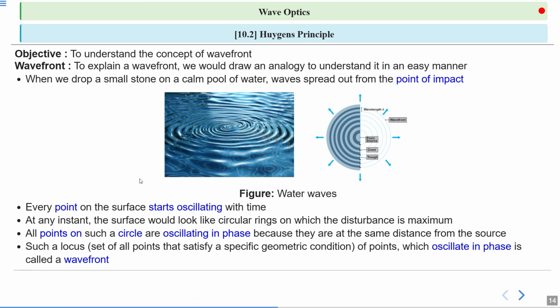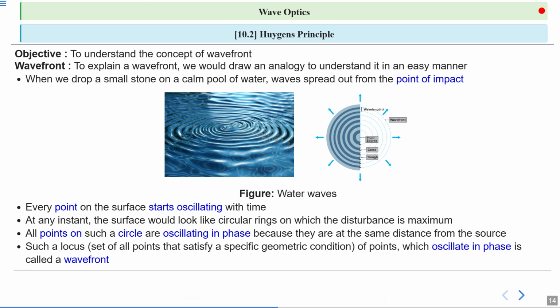So finally, the set of all points that oscillate in phase forms what we call a wavefront. It's a locus of points sharing this specific geometric condition. Okay, what is locus? Locus is a set of all points that satisfy a specific geometric condition. So what is the specific geometric condition in the case of circular wavefronts? That they are at the same distance from the source.